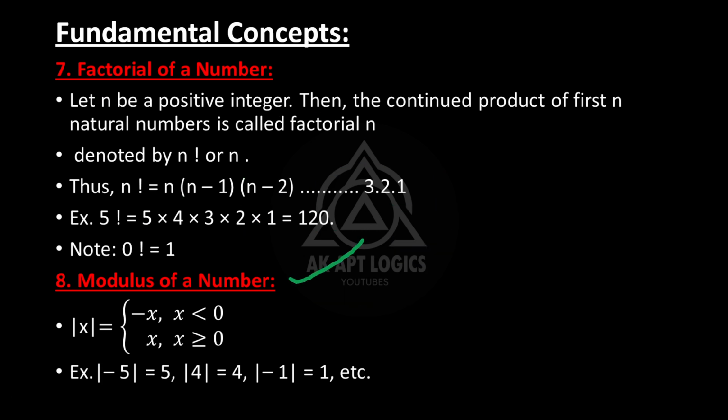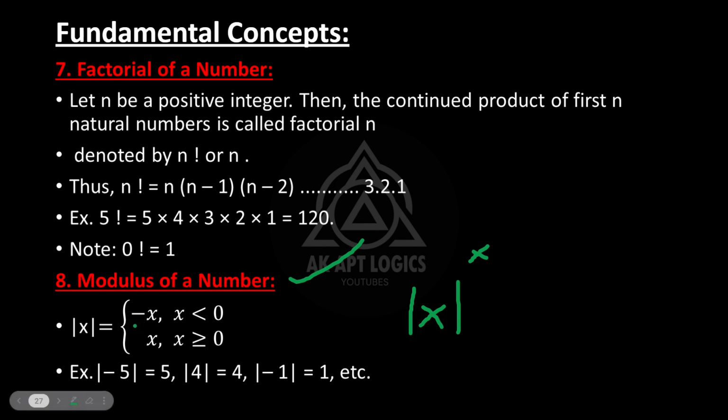The modulus of a number is denoted like this. If a number x is given, then the modulus of x is denoted like this. It is also called mod x or modulus of x.